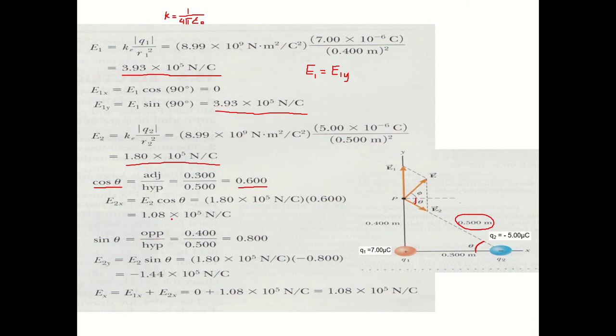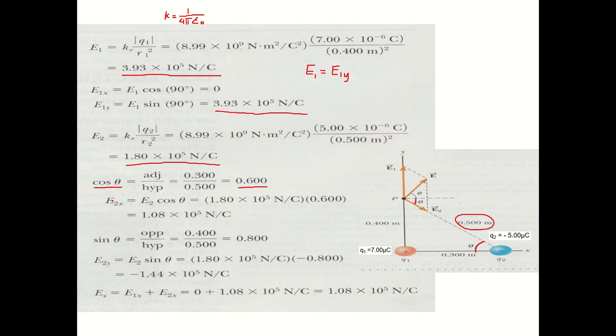Okay, so now let's solve. We can now solve for the horizontal component, or the x component, of the electric field of this charge, Q sub 2. So horizontal, we have to take cosine.